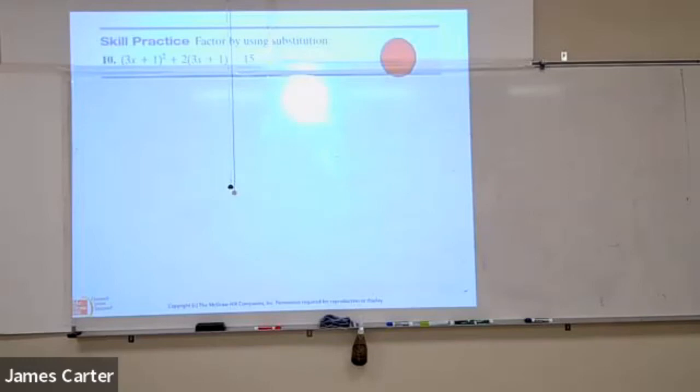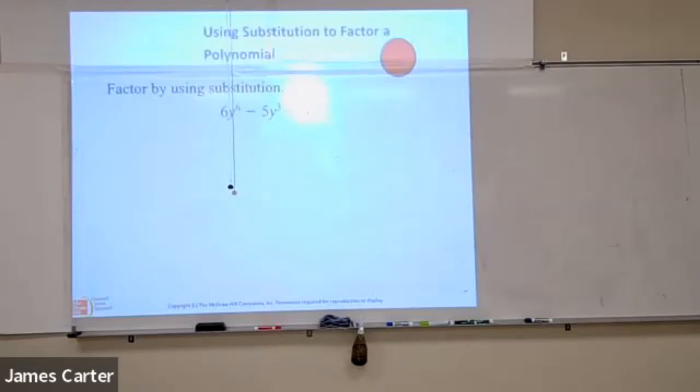All right, here's another one. Factor by substitution. We've done some with fourths and seconds. Notice this is double that. So we're going to let u be y cubed this time. Always the smaller one. That gives us 6 times what would be that squared, but we're just going to put the u's in there because we're substituting the u's for the y cubes.